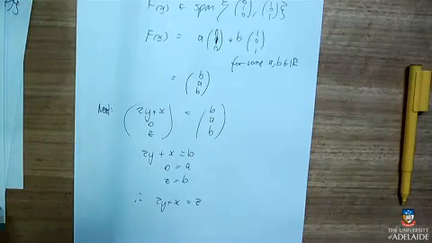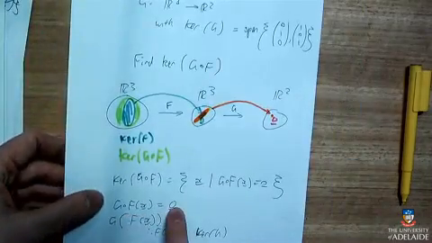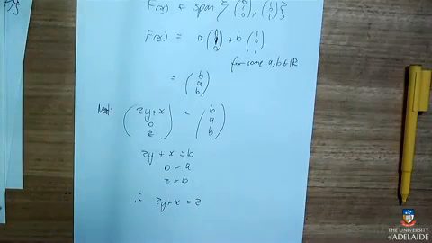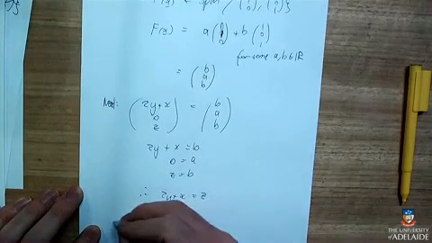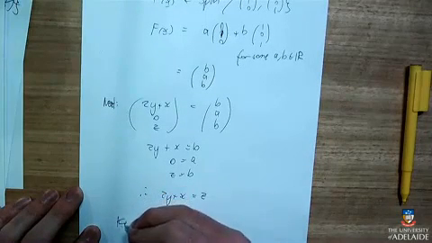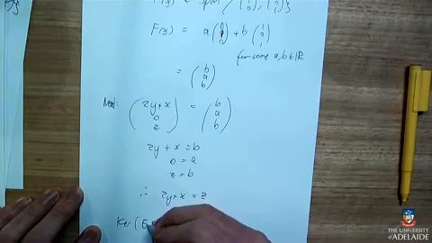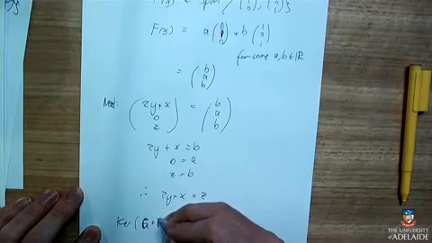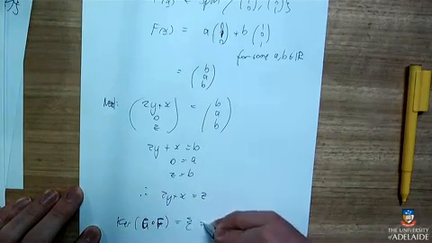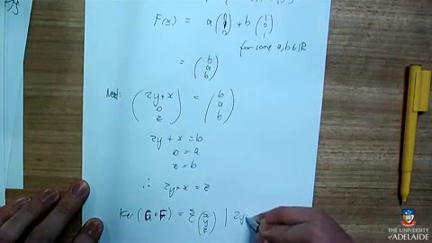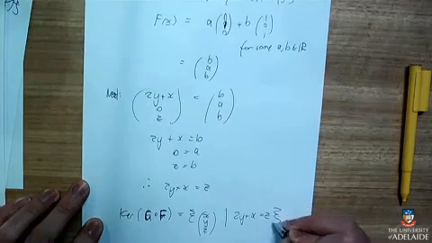We've just discovered that if g of f of x comes out to 0, then 2y plus x has to be z. Yay! So the kernel of g of f, sorry, I said f of g, is the set of (x, y, z) such that 2y plus x is equal to z.